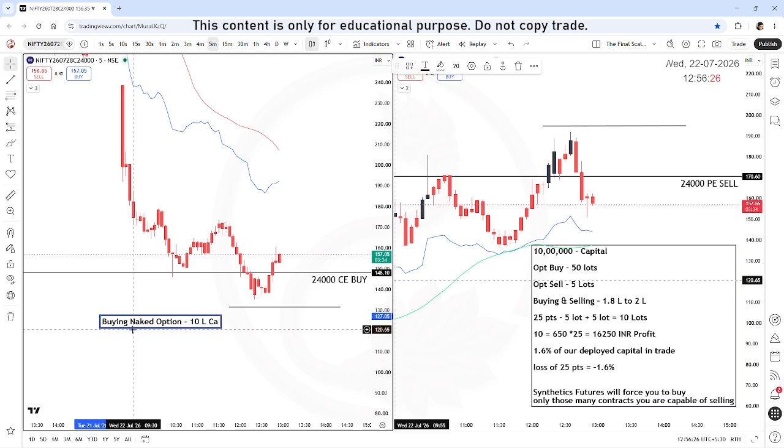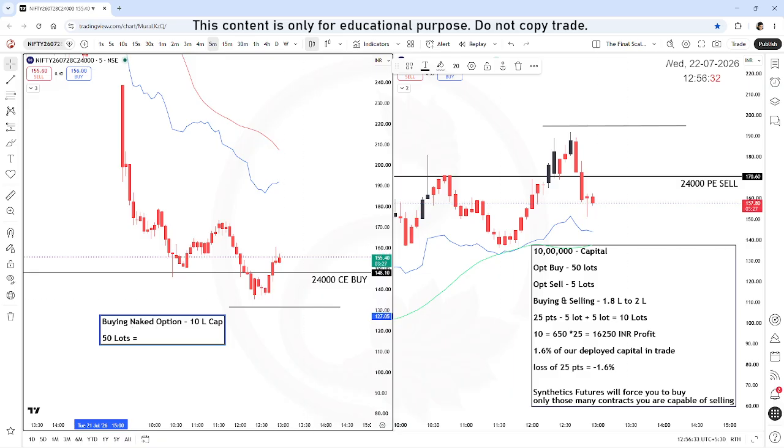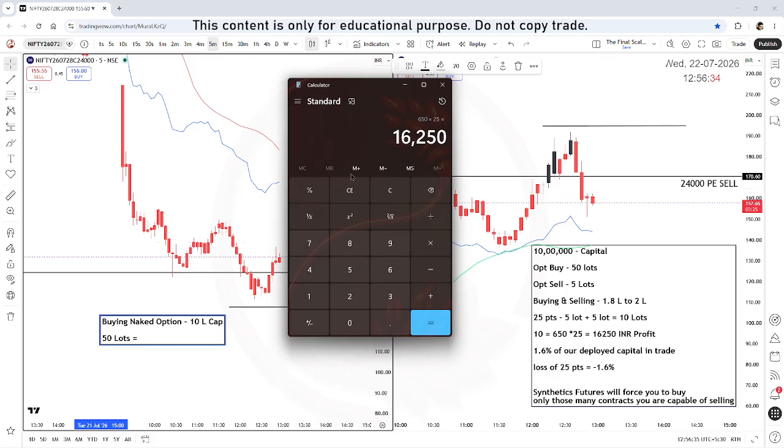I could have easily bought maybe 50 lots, right? 50 lots is an okay size here. So 50 into 65 is 3,250, at a price of 148.